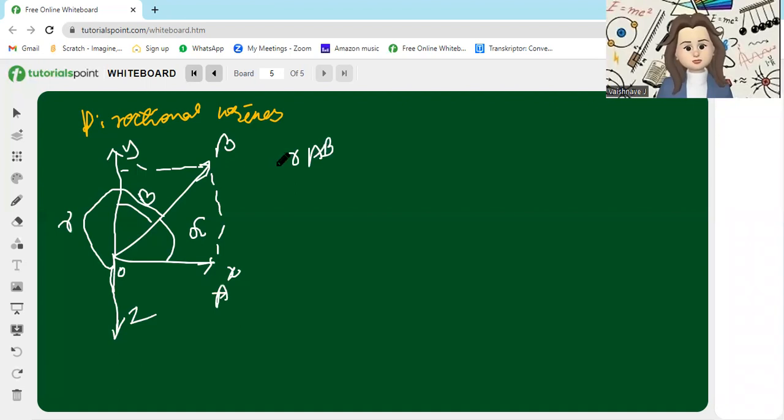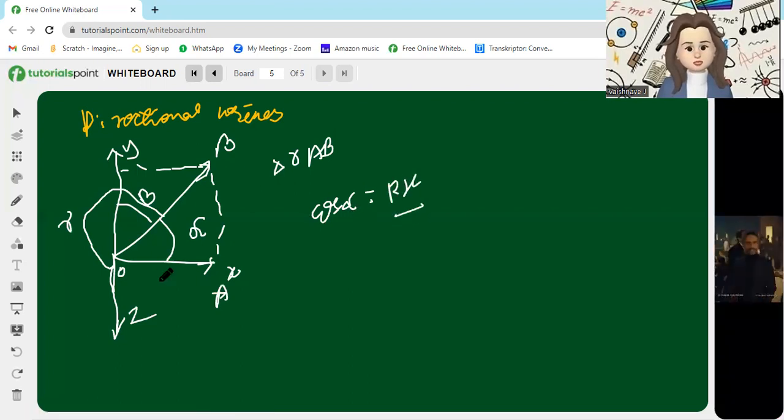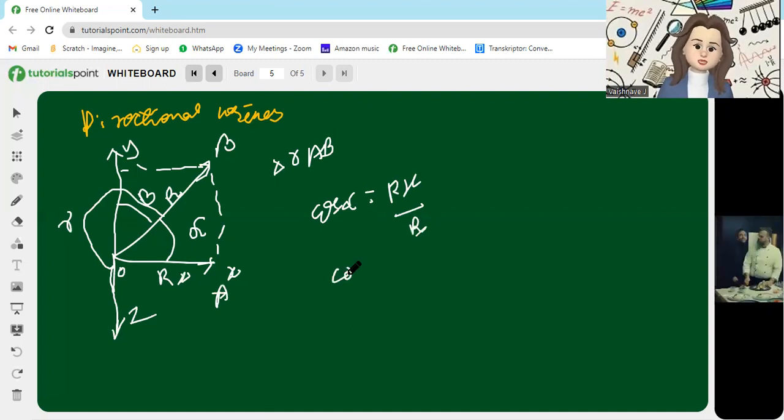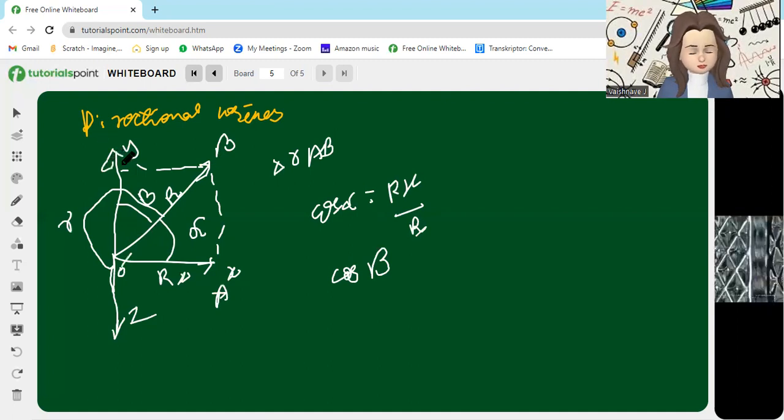OAB, we can say that cos alpha is equal to Rx by R. This is Rx, remember, Rx by R. Cos is adjacent by hypotenuse, right? And cos beta from triangle OAC, can we say that it is Ry by R?